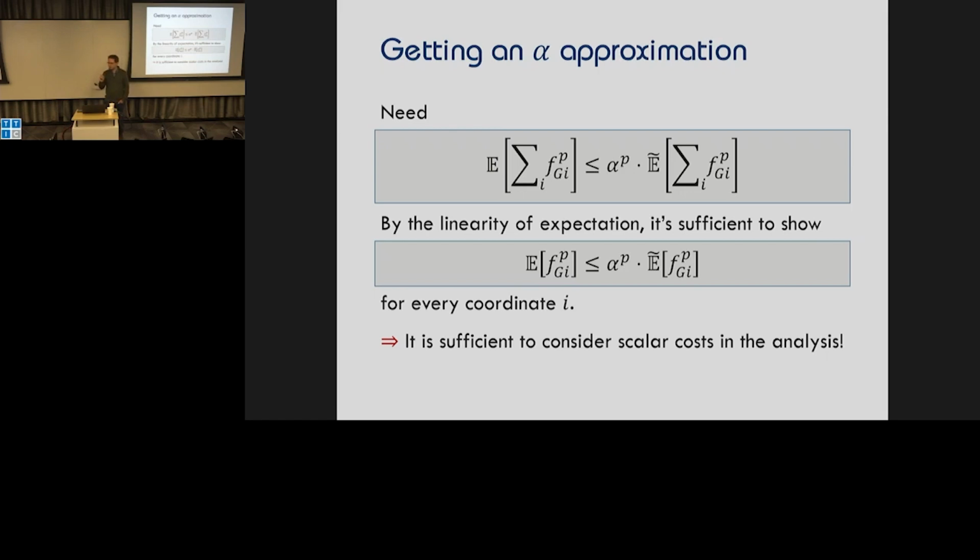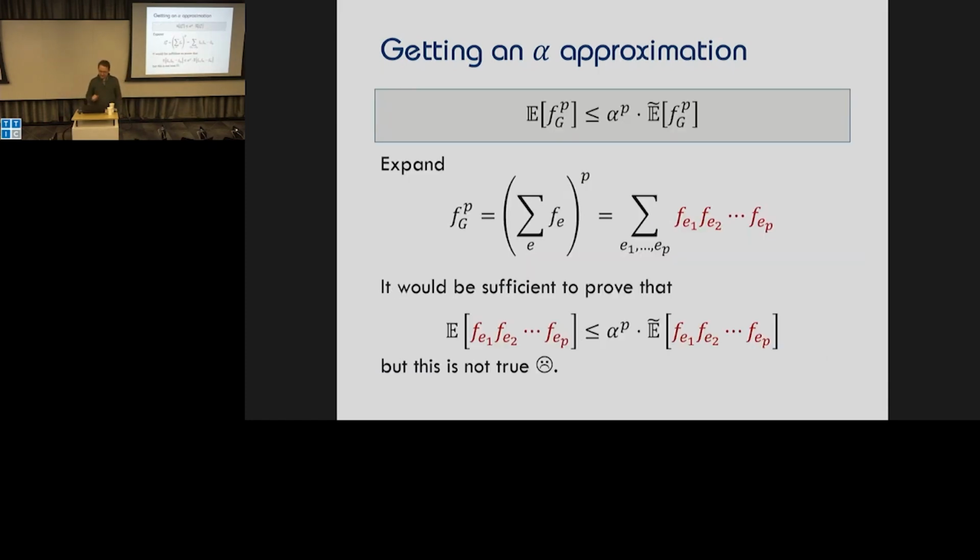Once we prove that this holds for every coordinate i, we simply add these inequalities over all i's and get the desired inequality. This means that basically we need to analyze a one-dimensional problem where all costs are one-dimensional. To simplify the notation, let's just pretend that our costs are one-dimensional, and we will not write i again.